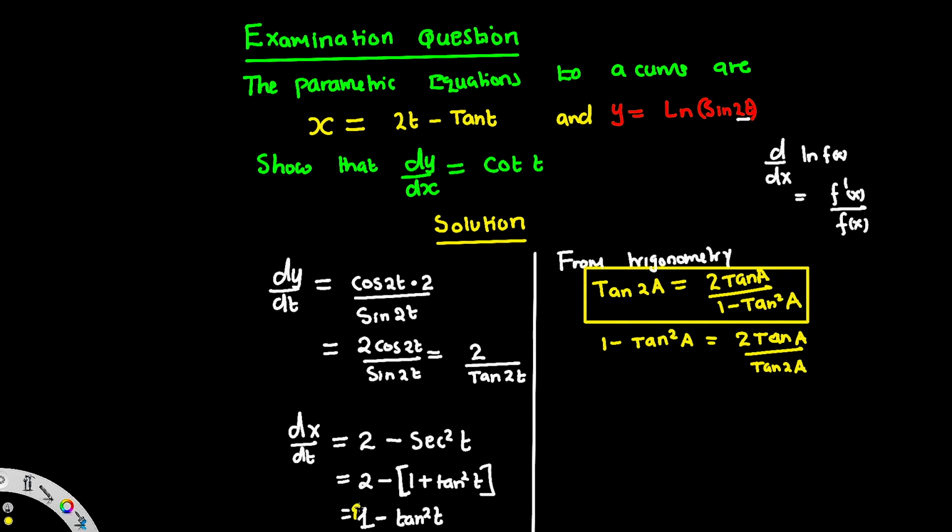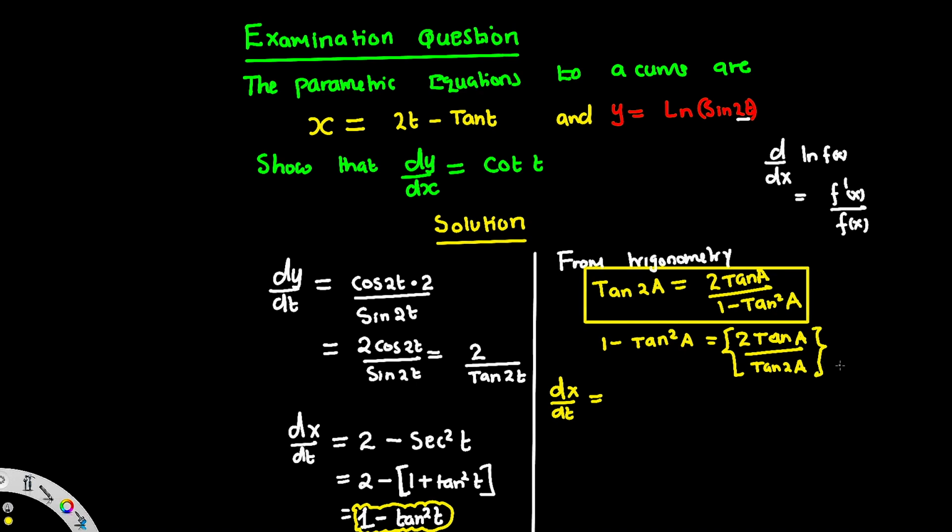So that we're going to write this in form of the new dimension that we have expressed on the other part. So instead of having dx dt equal to 2 minus (1 plus tan squared t), that is 1 minus tan squared t, we shall replace that with 2 tan A over tan 2A.